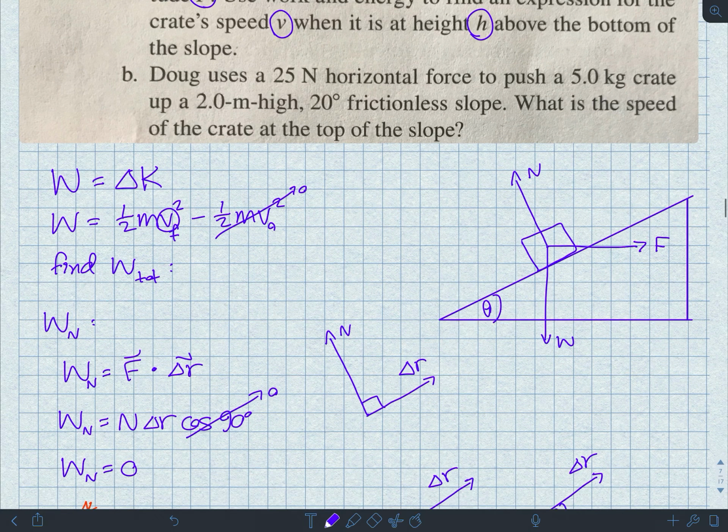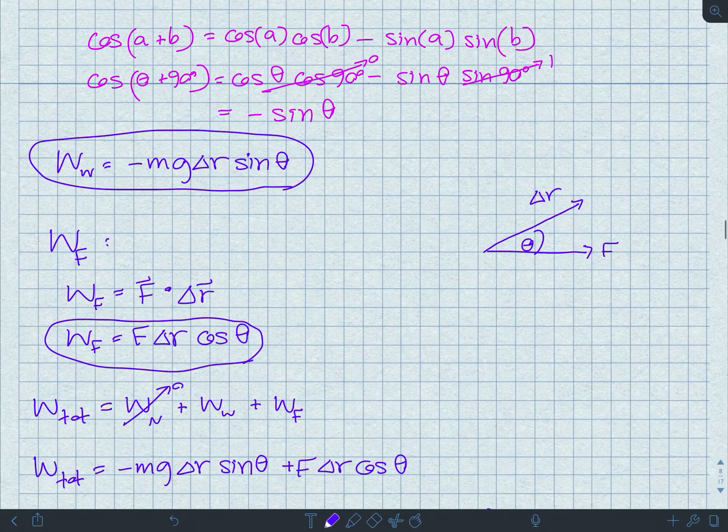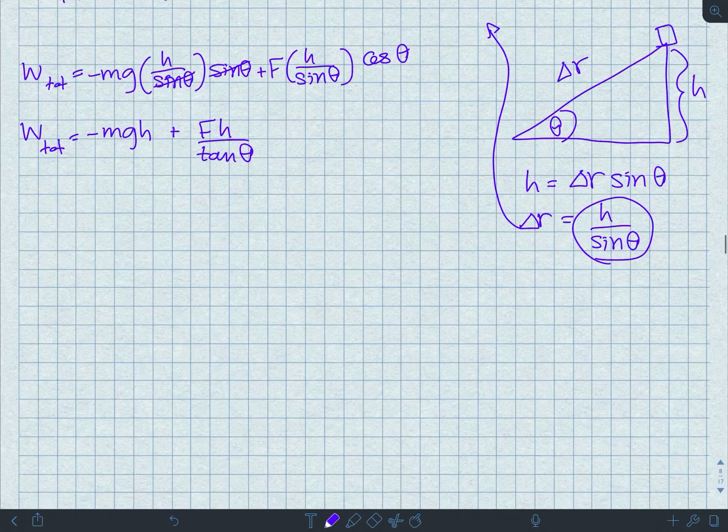So now total work equals 1/2 m v final squared. I'll write the whole thing out here just so we're super clear.